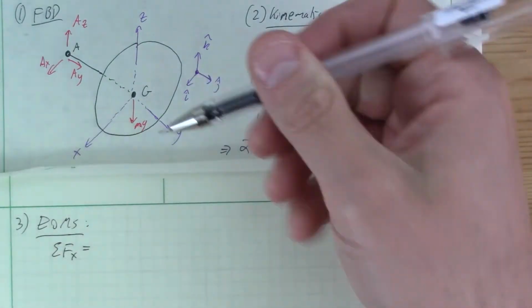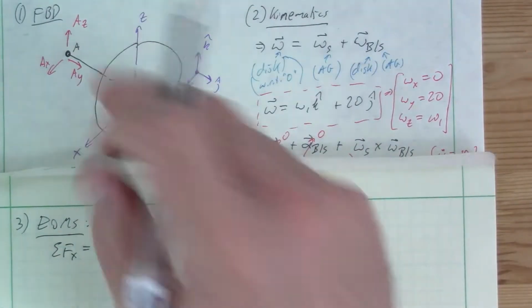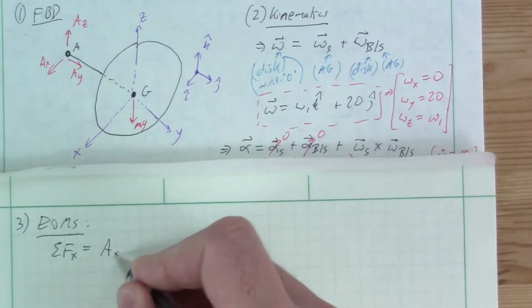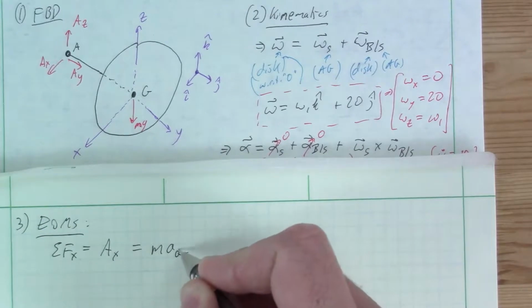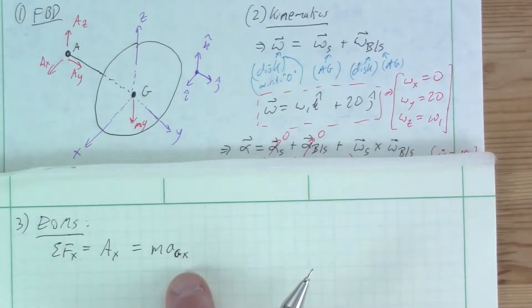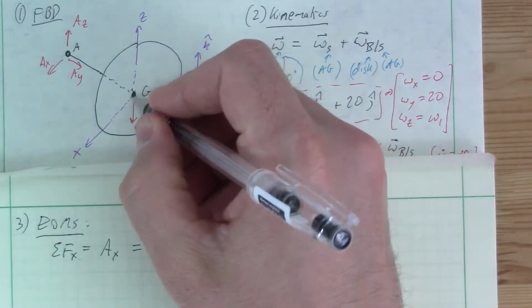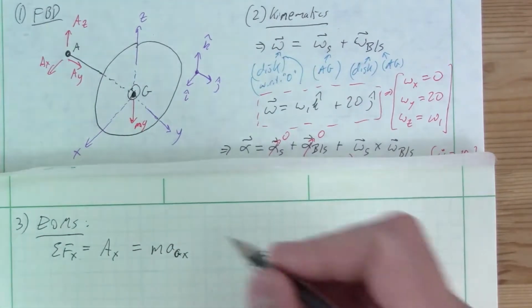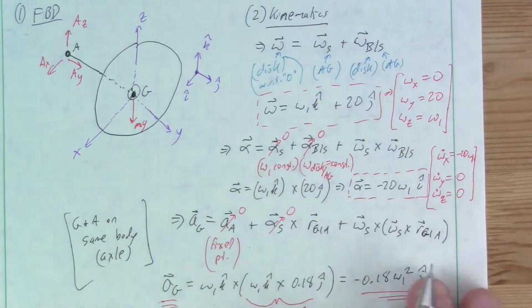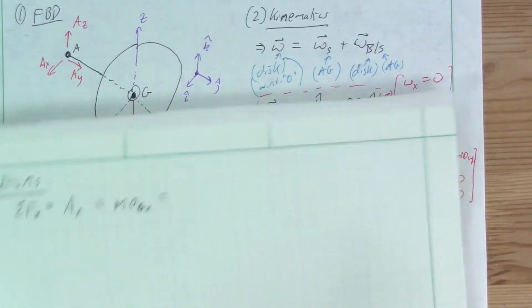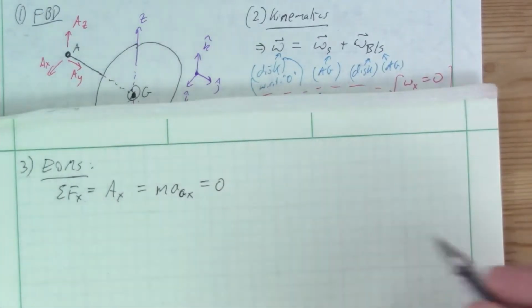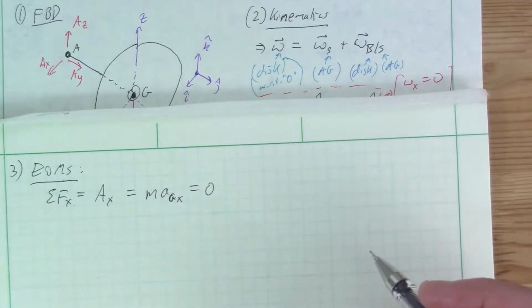The only force in the x direction is the A_x reaction force, and that must equal mass times the x component of the acceleration at the center of mass G. Well, if we go to our acceleration vector, there's only a j hat component that we just determined, so that is 0 at this instant, right?